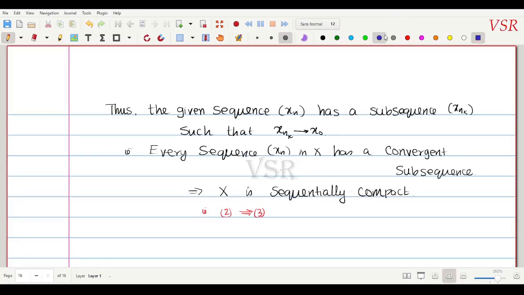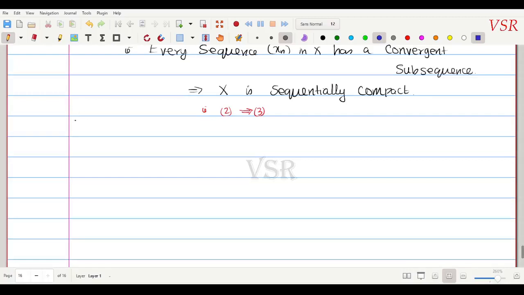Now let us prove that 3 implies 4. So assume that capital X is sequentially compact.